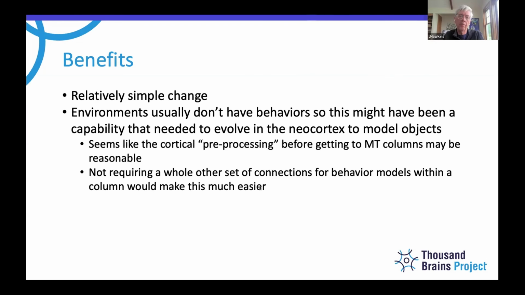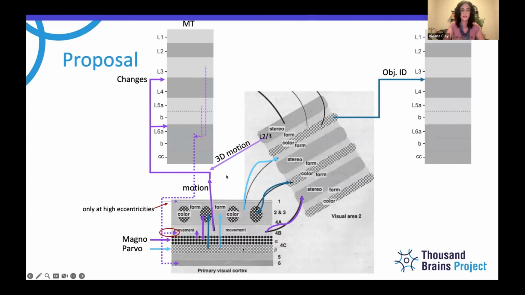Have you thought about how we connect motor models, or behavioral models, with objects? Yeah. So what I was thinking was that we could basically use the feedback connections, which go both to V1 and V2. I'm not sure, I would have to look up the MT. Well, just think about it in terms of Monty, for example.